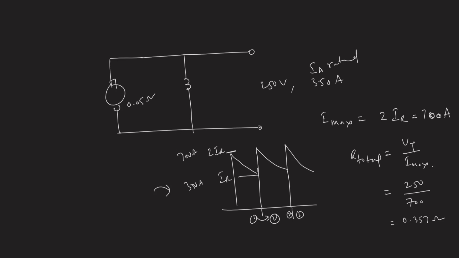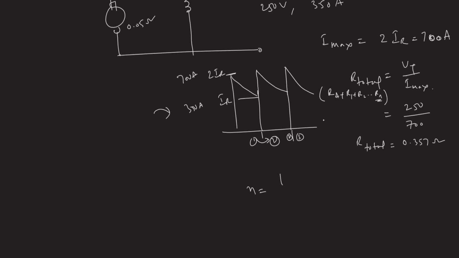What is this R total? R total is armature resistance plus the number of studs resistance R1, R2 up to N. I don't know N right now. I need to calculate it. Once I know this R total, can I now find out the number of sections?